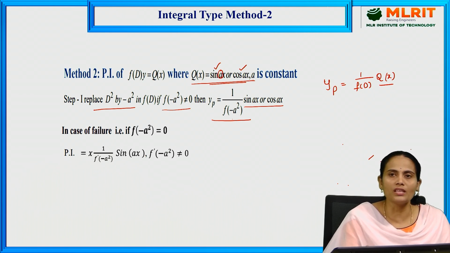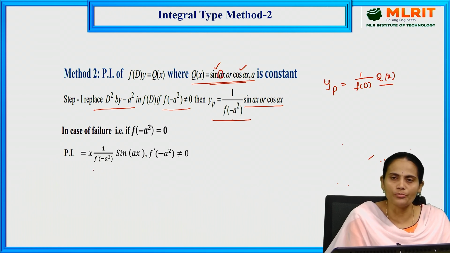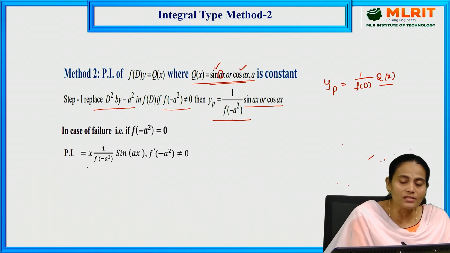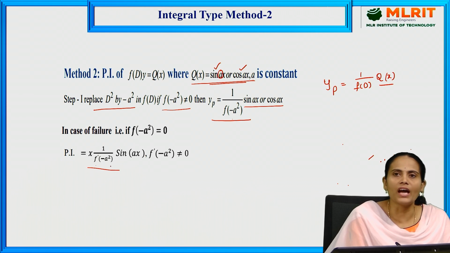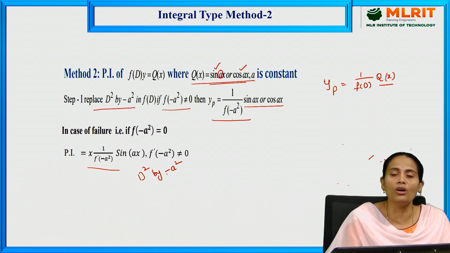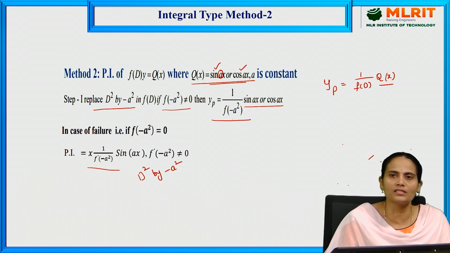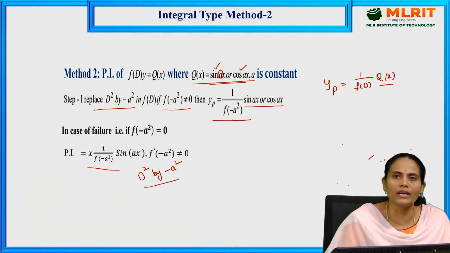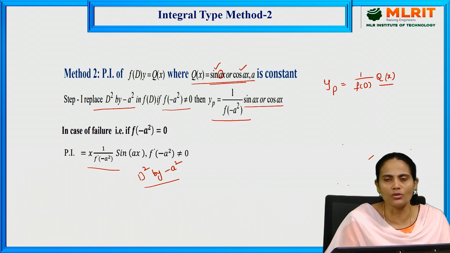Sometimes the failure case also exists. If it fails, then the particular integral is x into 1 by f dash of minus a square. That means we differentiate f of D with respect to D, and then replace D square by minus a square, where f dash of minus a square is not equal to 0.